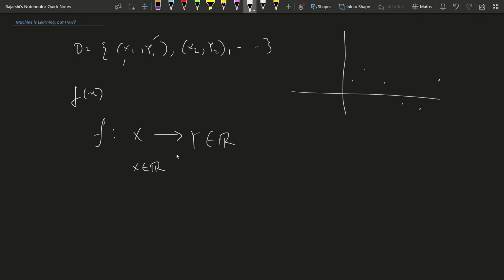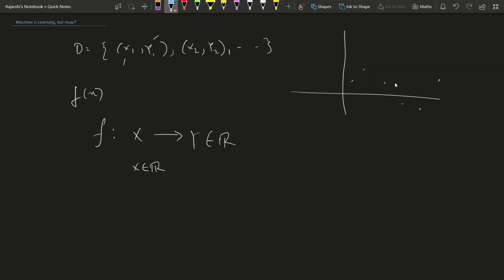So what do I mean by there exists a pattern? If you look at this graph carefully, what is the one thing that is common between all those points? Someone can say that they look like they lie on the curve y equals sine x.